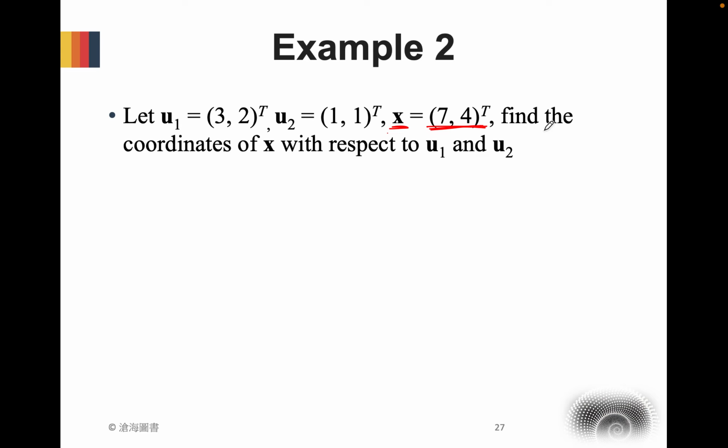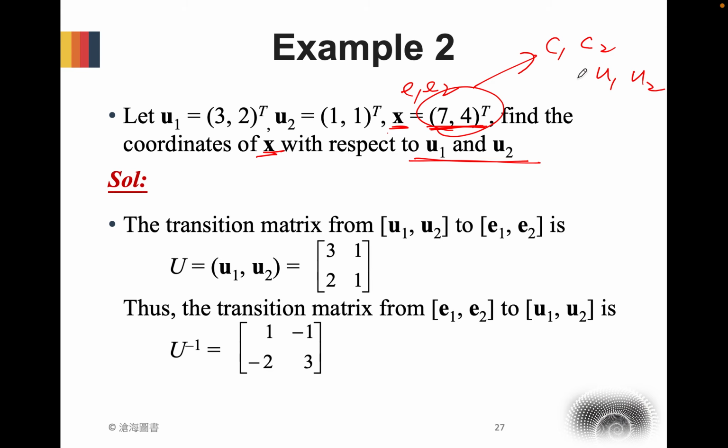And in this example, we want to find the coordinate of x with respect to U1 and U2. So we want to transform this coordinate vector from the standard basis E1 and E2 to the coordinate vector C1 and C2 with respect to U1 and U2, right?